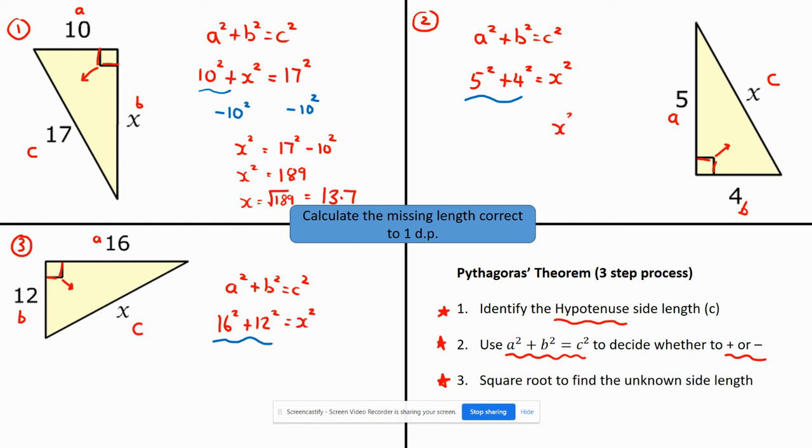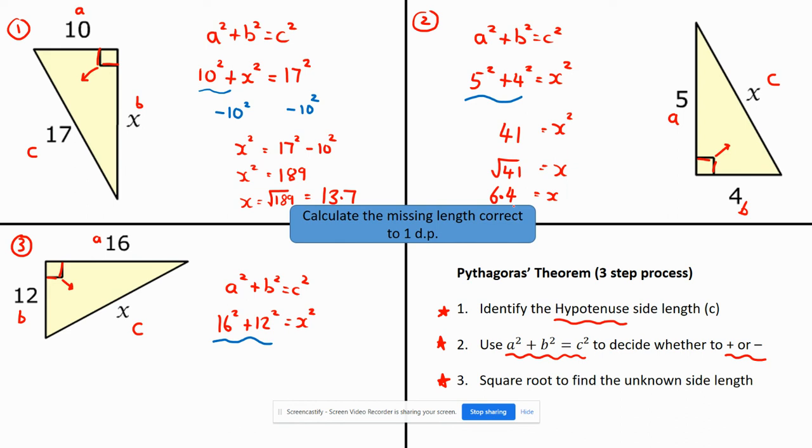Okay, once you've unpaused the video, you should find that 5 squared plus 4 squared is equal to 41. But don't forget, step 3 says we have to get the value of x by square rooting that. Again, use a calculator. We're getting 6.4.